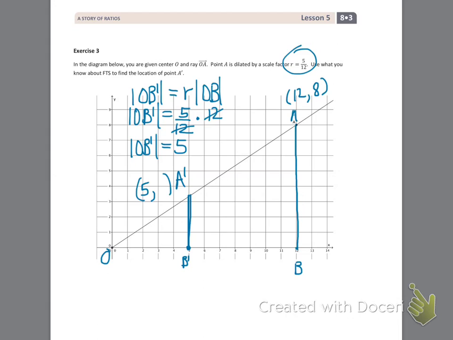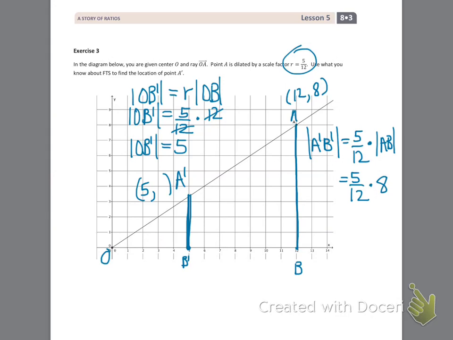So the y coordinate will be the length of A prime B prime. I know that the length of A prime B prime is my scale factor of 5/12 times the length of AB. So what is the length of AB? That's the y coordinate of my point A, which is 8.